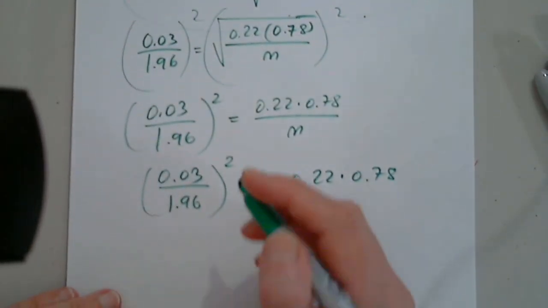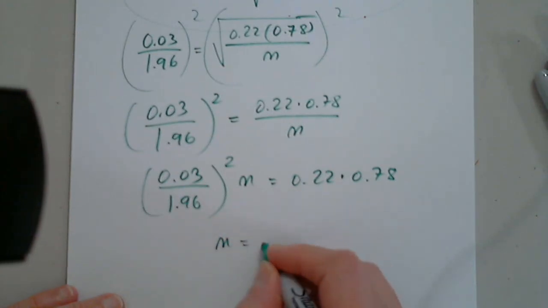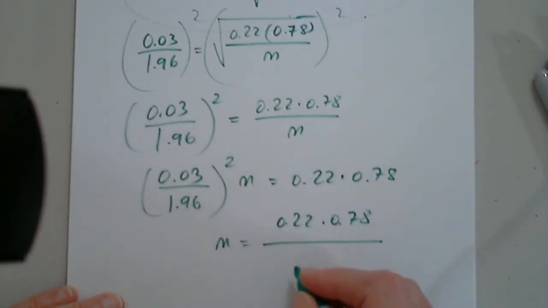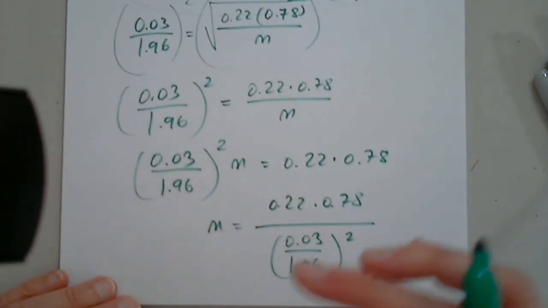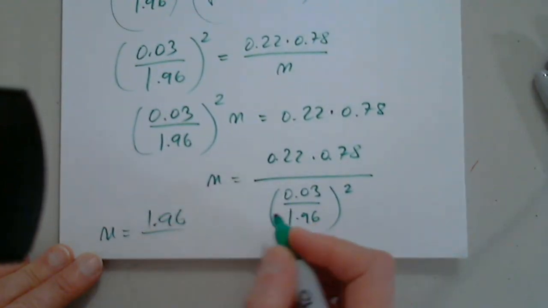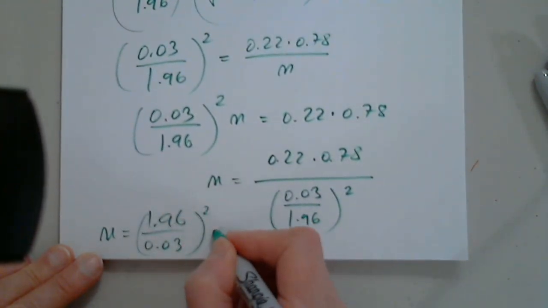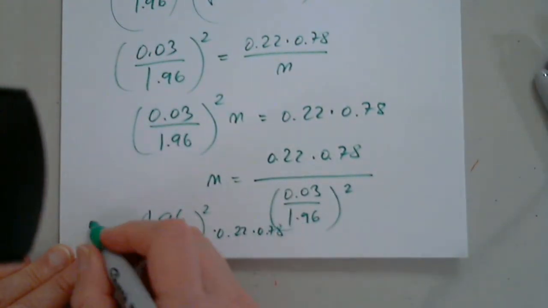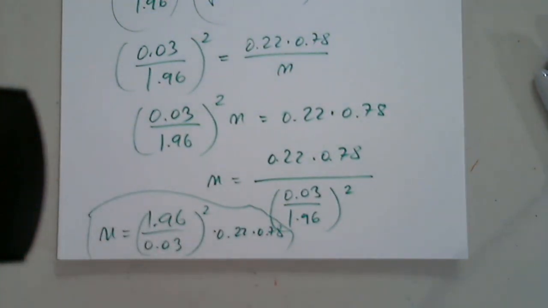Now I divide by this number, over 0.03 over 1.96 and everything squared. You don't have to do all these steps. You can just use the formula, but I wanted to show you how we get the formula. Yes, you can flip this. That's much easier. So I have 1.96 over 0.03 squared times 0.22 and times 0.78. I'm going to share and use the graphing calculator to do this.